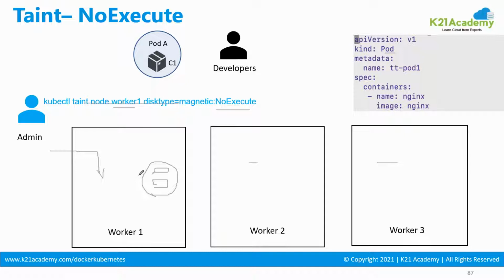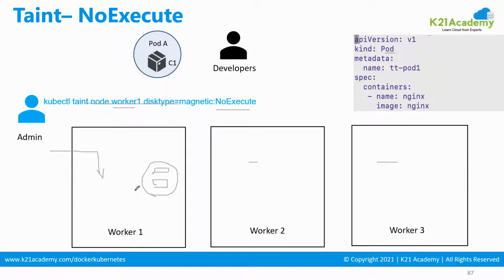Pod affinity, node affinity and node anti-affinity are nothing but deploy the pod on this, or don't deploy the pod on that specific worker node. So it will select whether that pod has to be deployed on that worker node or not. And what is the meaning of tainting? Tainting is also doing the same. But what is the additional property tainting has?